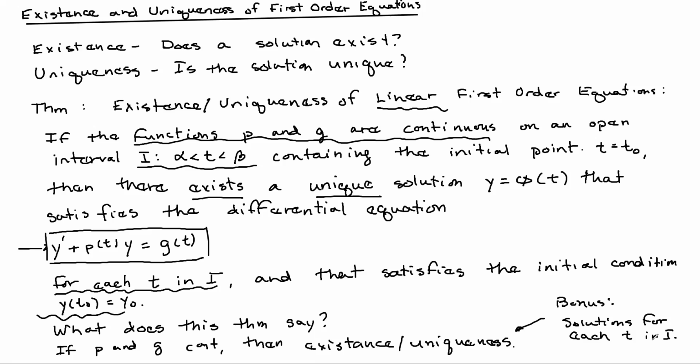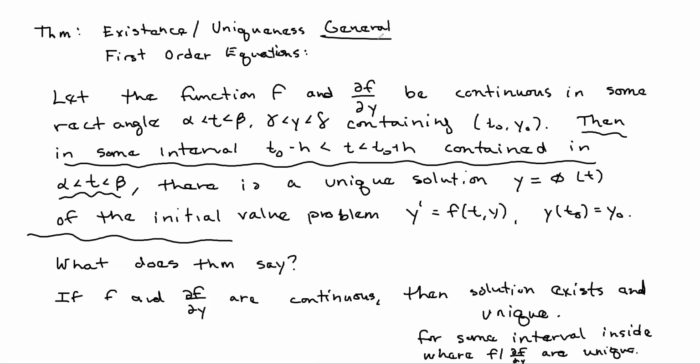And then we also have our general first order equations, and that's going to cover separable differential equations that are not linear. We have covered multiple techniques of solving differential equations, and this second theorem would cover anything that's not linear.